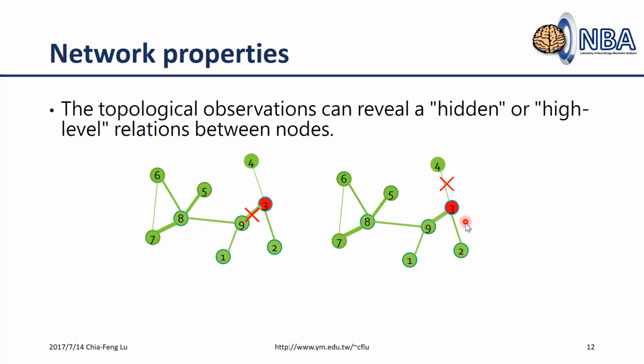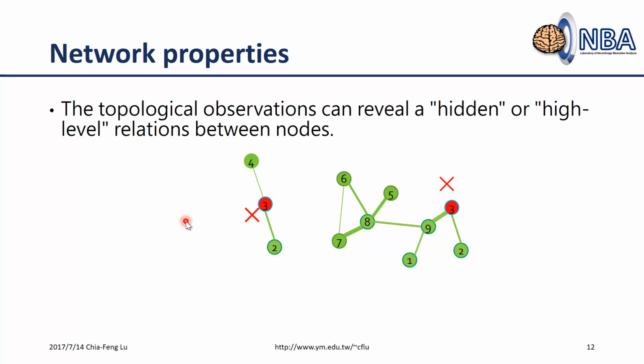Why? Because this connection only affects node 4. However, if you destroy this connection, you may find out all the connections from a whole bunch of nodes connected with 3 will disappear.